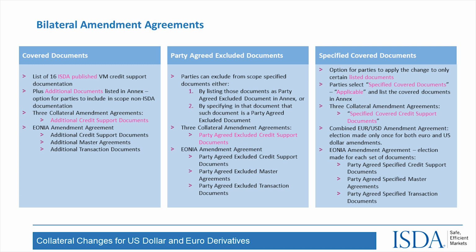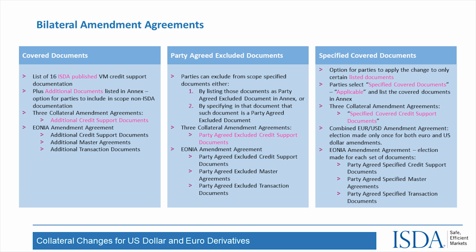There is a definition in all of these amendment agreements of covered documents, and this lists out the 16 published variation margin credit support documents. So they will apply as standard. Now, in addition, parties can add in additional documents listed in an annex. They would have to set those documents out in an annex. That annex is empty. There are no additional documents set out in that annex.